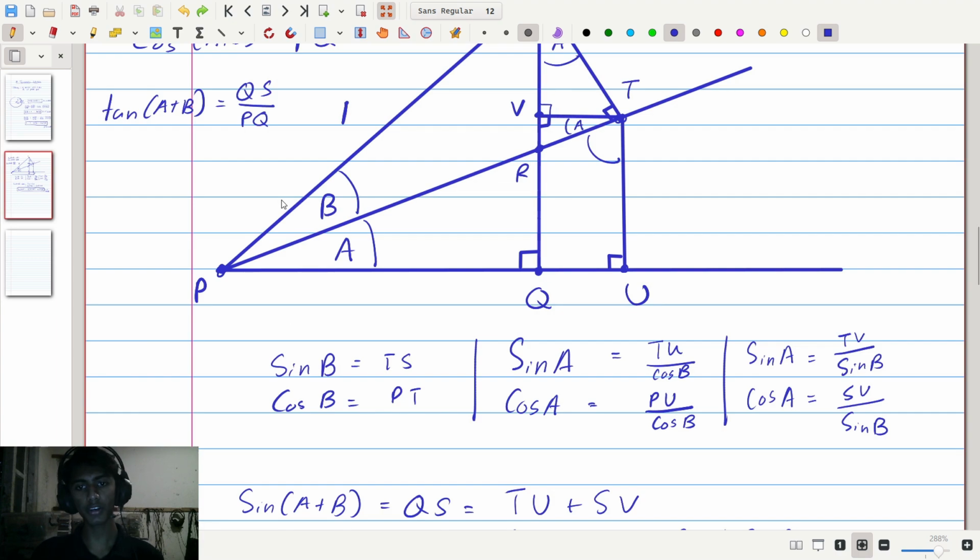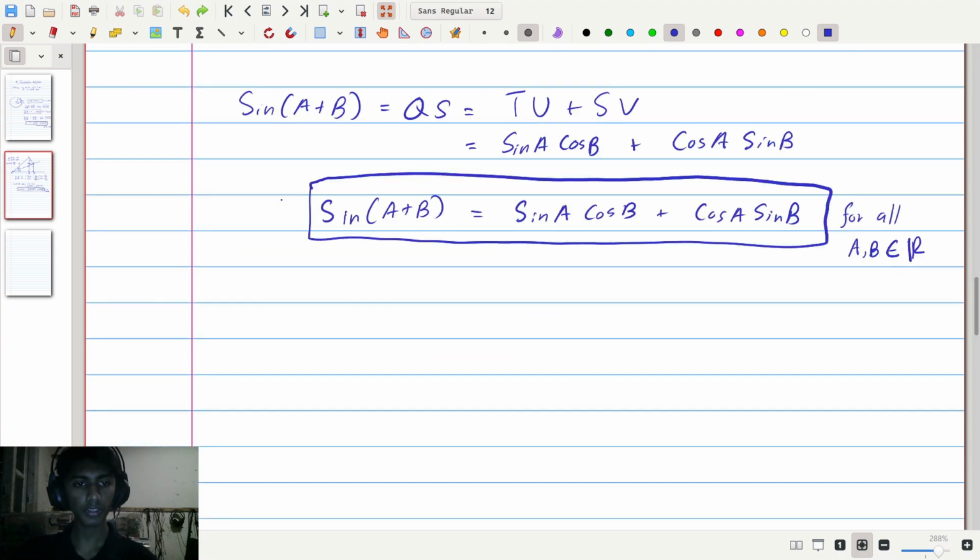So going down here and writing that down, cosine of A plus B, which we wrote down as PQ, is equal to PU minus VT. Sorry, it should be capital T, VT. In fact, I'll write the V also as a bigger capital, VT.